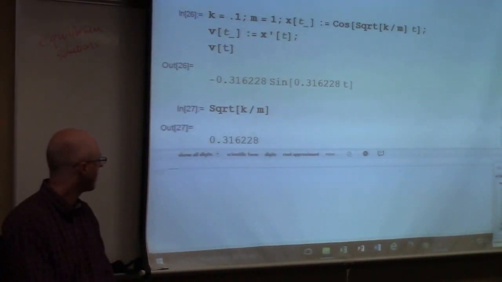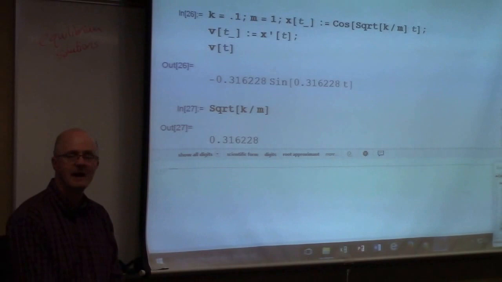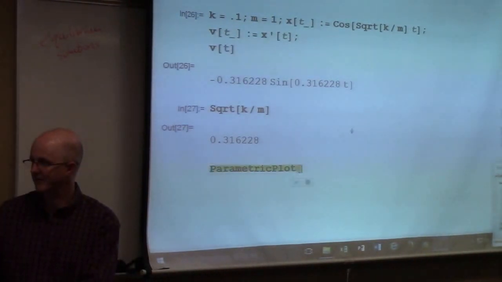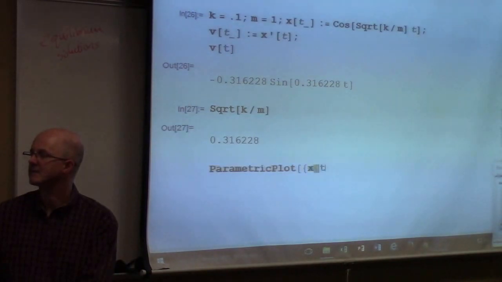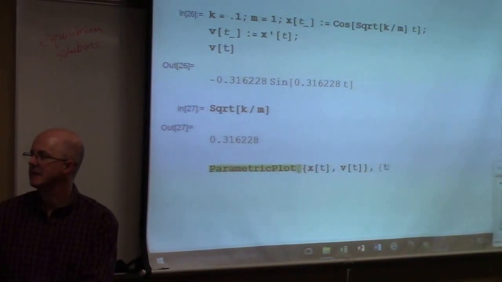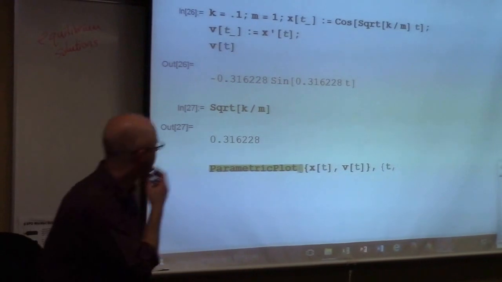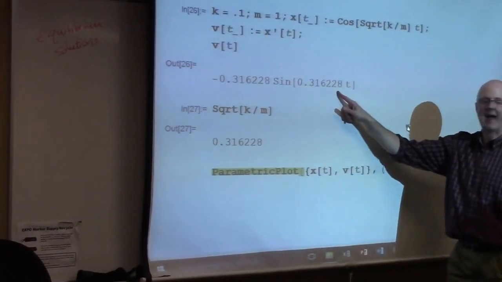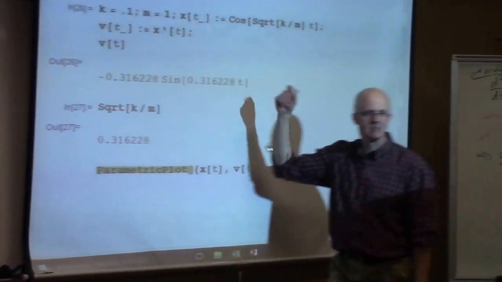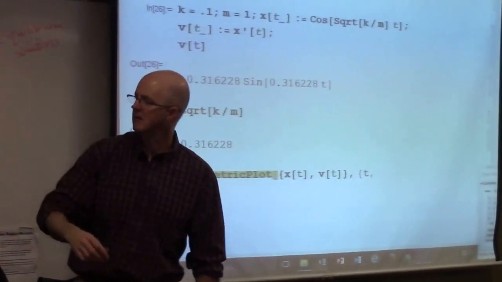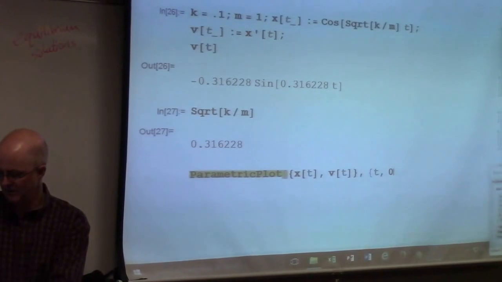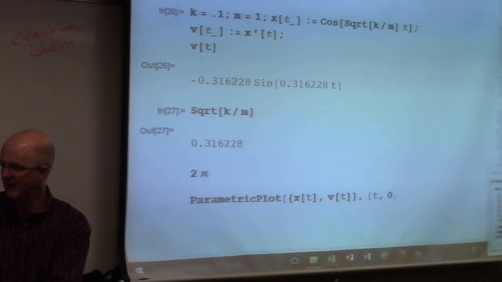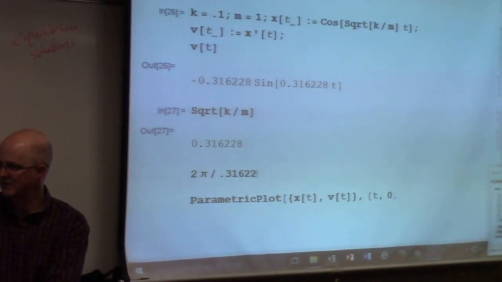Square root of k over m is about 0.316. I can now plot this with parametric plot. X of t comma v of t. T goes from 0 to what? The period is going to be 2 pi over that. Let's figure out what 2 pi over that is here. 2 pi over 0.316228.